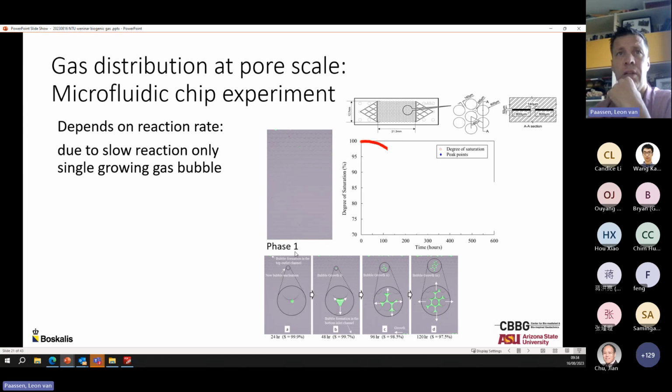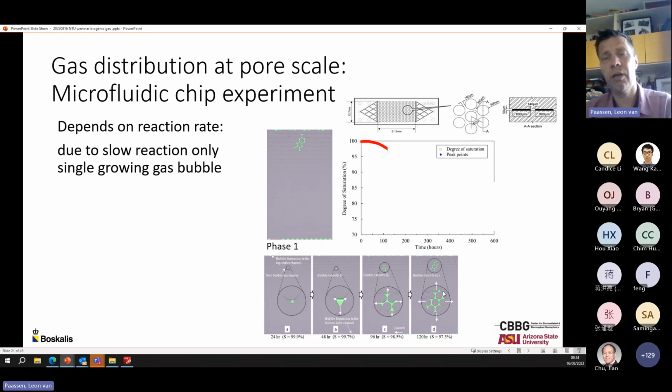In one phase, a single gas bubble initiates within the porous medium, gradually grows, and pushes towards other pores. Initially it starts in a single pore, and it grows and expands into multiple pores. Every time it passes a thin pore throat between two larger pore bodies, you see a drop in the pressure. These pressure drops are called Haines jumps, and that's typical for gas migration in porous media.